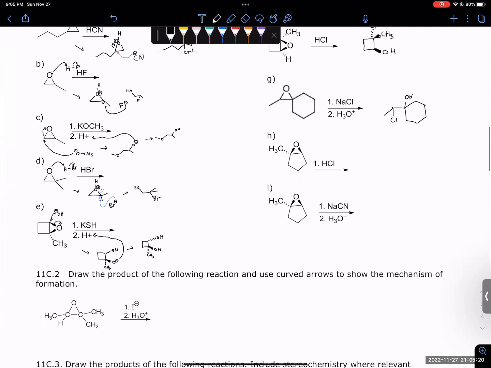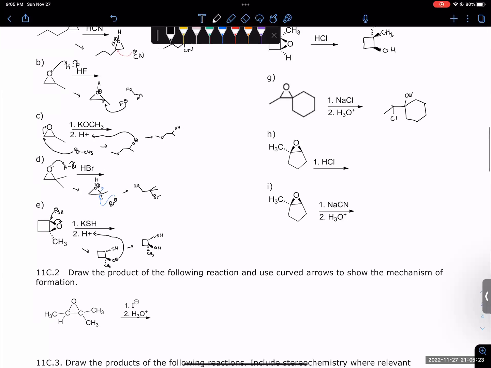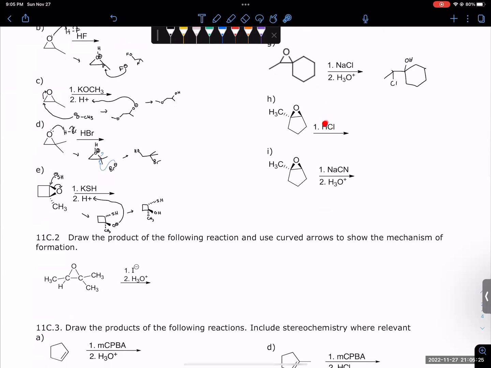From here, we are going to have an acid catalyzed one again, right? We know that the chloride is going to attack the one that is more sterically hindered in this case. So you're actually going to end up with something like this. Backside attack on that carbon on the left here is going to result in inversion of stereochemistry. So CH3 on the wedge now, and your Cl on the dash, and then your OH here.